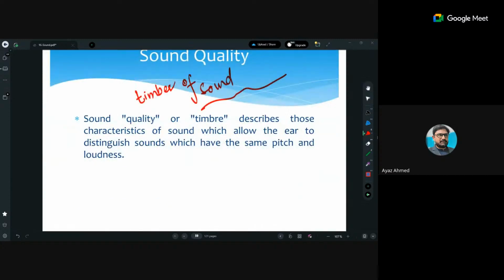You know my timbre of voice. Timbre describes the characteristics of sound which allows the ear to distinguish sounds which have the same pitch and loudness. For example, if with the same pitch and loudness some other person is speaking, then you would be able to distinguish that today sir is not taking the class, here is someone else. Do you understand?